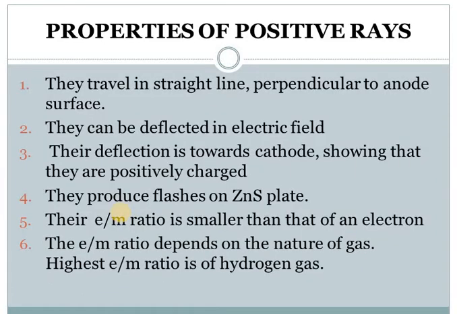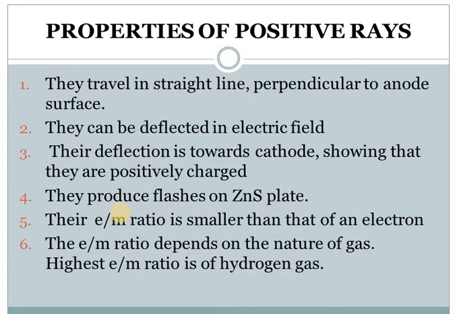Now come the properties of the positive rays or canal rays. First is that they travel in a straight line perpendicular to the anode surface. If you remember in the previous lecture on the properties of cathode rays, there too we studied that they travel in a straight line.